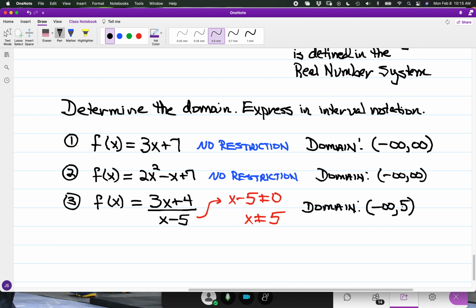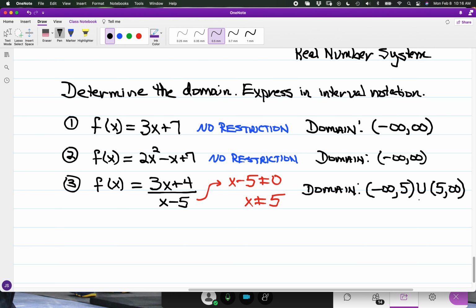Then you have going from past 5, like 5.00001, and still greater than 5 itself. So for the upper half, you have those values greater than 5. So x is not equal to 5. This notation here denotes all values of x less than 5, and the notation here denotes all values greater than 5. This signals that only the number 5 is excluded.